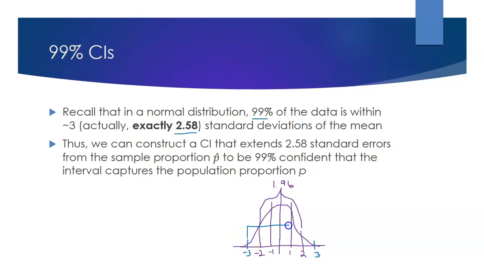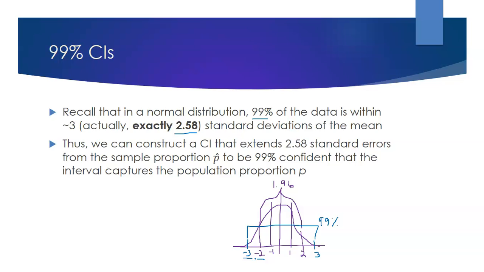Okay, so that's what's included here, 99% of our data. So remember, that's the empirical rule. Now we're just being more specific with it. So instead of 1 standard deviation, 2 standard deviations, and 3 standard deviations, this is much more specific. Instead of 2 standard deviations, we're talking about 1.96. Instead of 3 standard deviations, it's exactly 2.58 standard deviations.